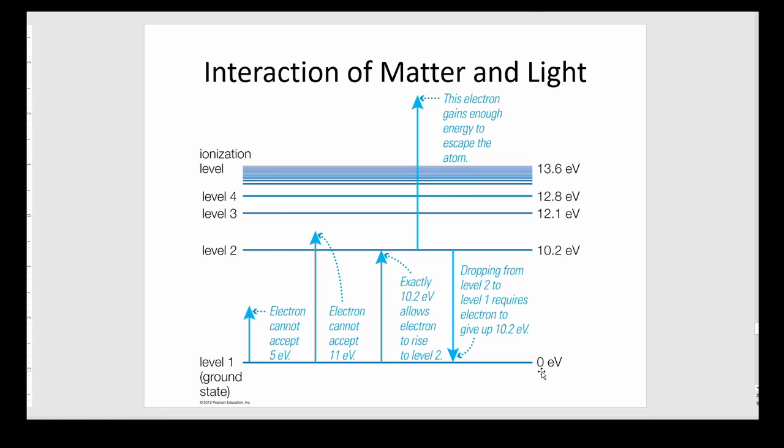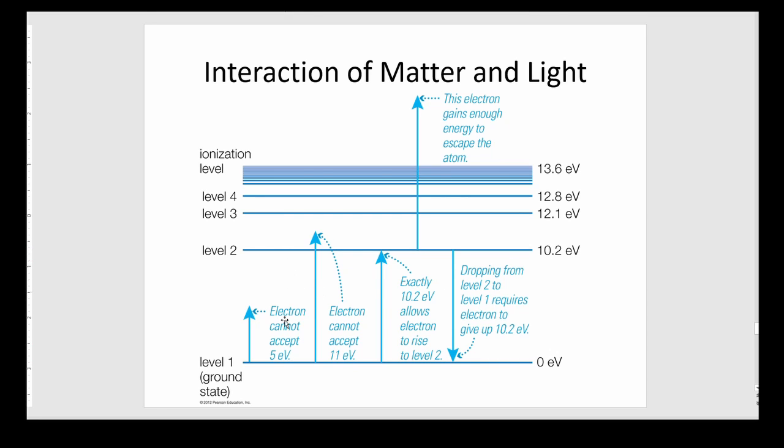What's happening and what's important for atomic structure is that we have a specific energy difference between two levels. Let's say this level and this level, level 1 and level 2. The energy difference is 10.2. So what it means, if we have electron here moving in level 1, and if we give 5 electron volt, this 5 electron volt is not enough to jump from 0 to 10.2.